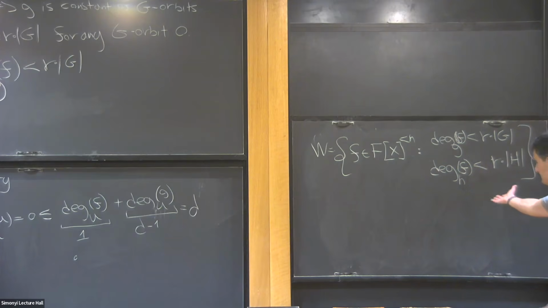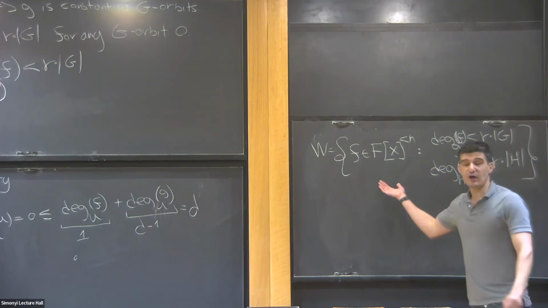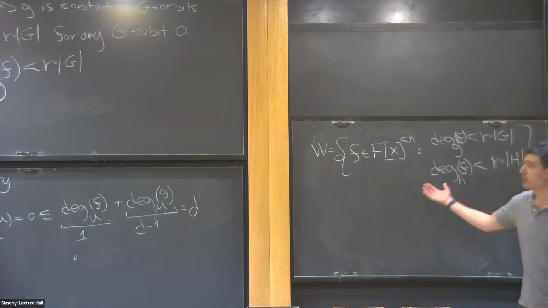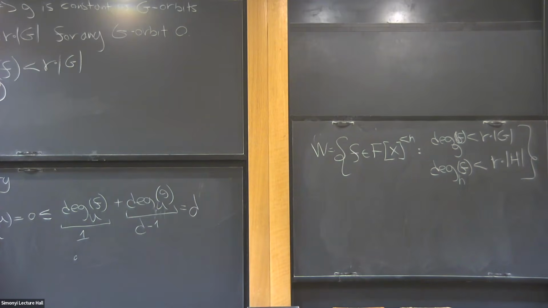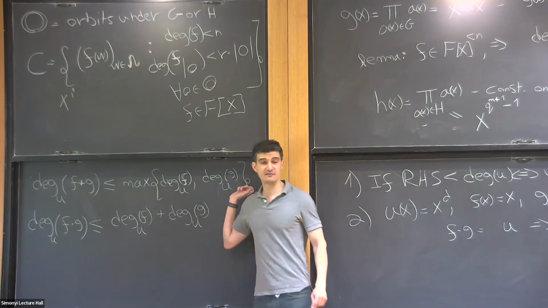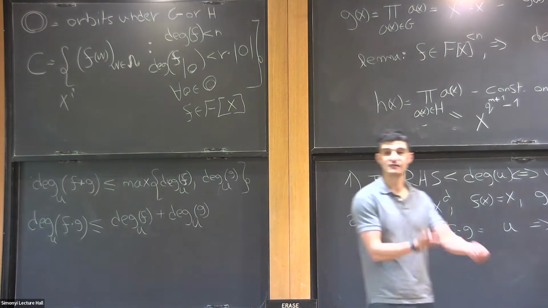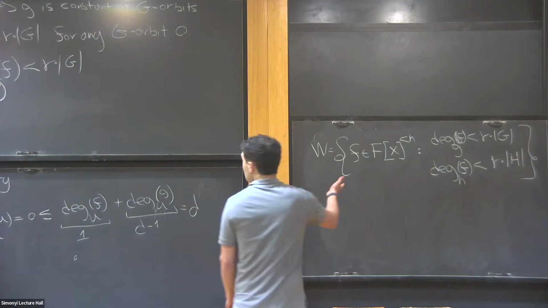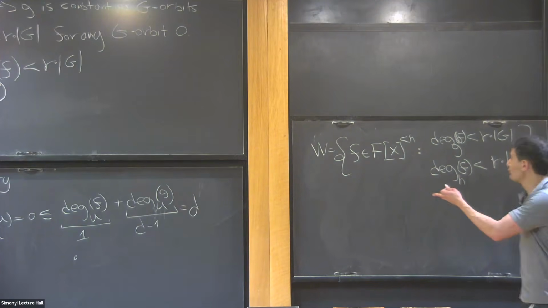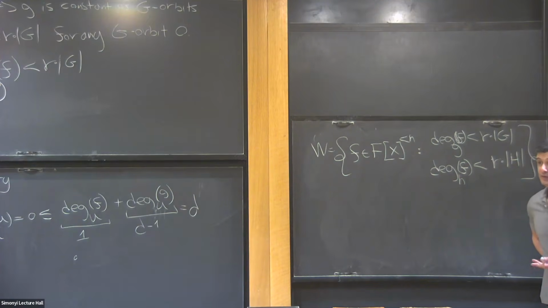Why do I know that this is a subspace? Because if you add two polynomials, the u-base degree is at most this, and therefore you stay inside the set. So it's closed under addition and also under multiplication by a scalar, which proves that it's a subspace.